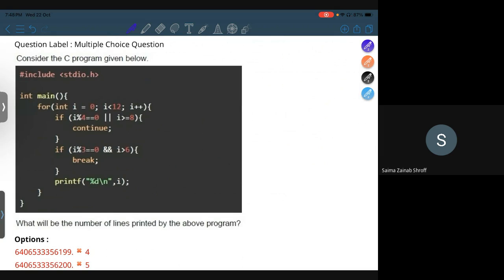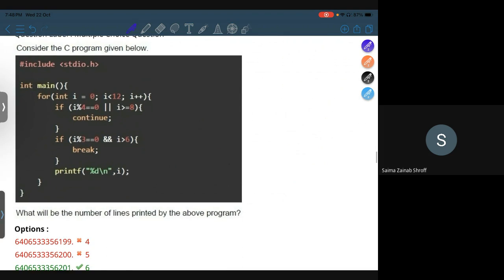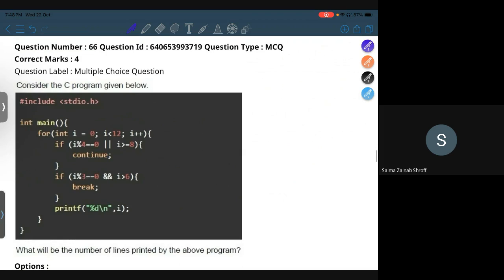What will be the number of lines printed by the above program? 0, 1. Okay. So if the number becomes greater than or equal to 8, it won't print anything. Same for this, if it is divisible by 4, which is only 4.